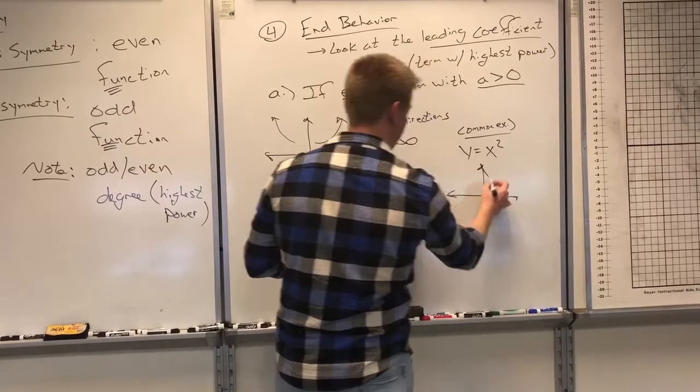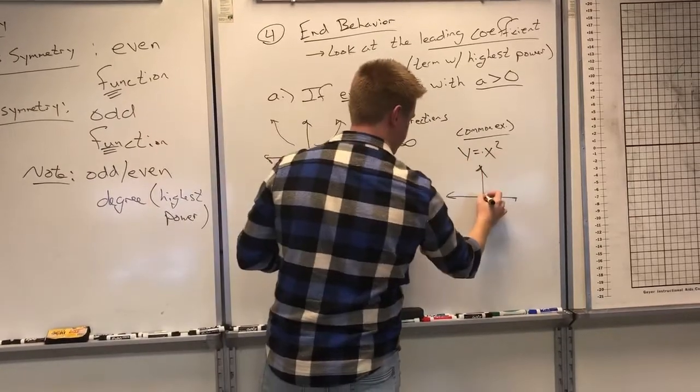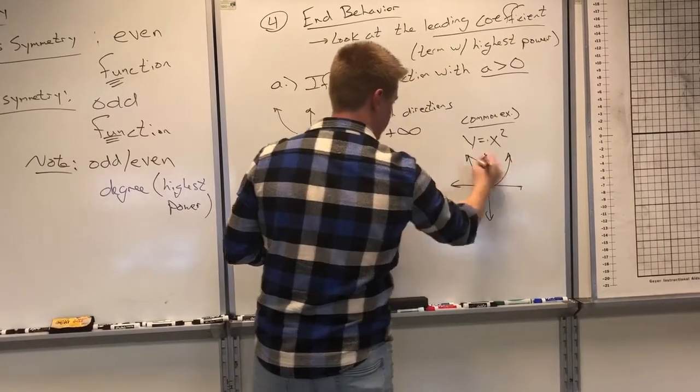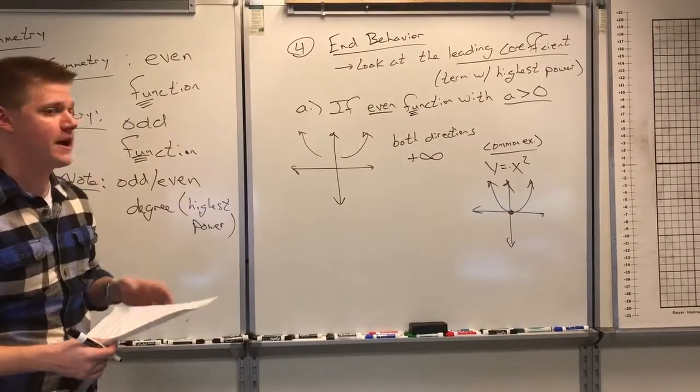An example of a positive first coefficient and an even degree. That is why it extends upward to positive infinity, both left side and right side of the graph.